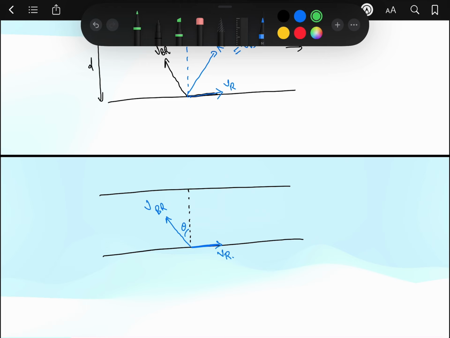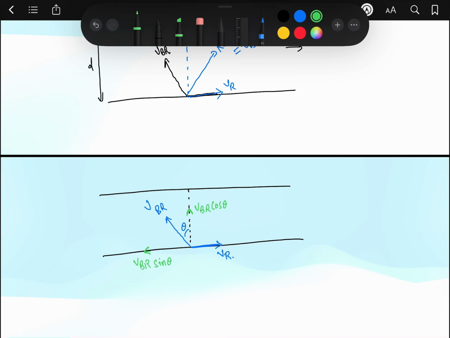Now if I resolve the components into perpendicular and horizontal directions, then the component of VBR along the perpendicular direction will be VBR cos theta, and the component of VBR along the horizontal direction will be VBR sin theta.